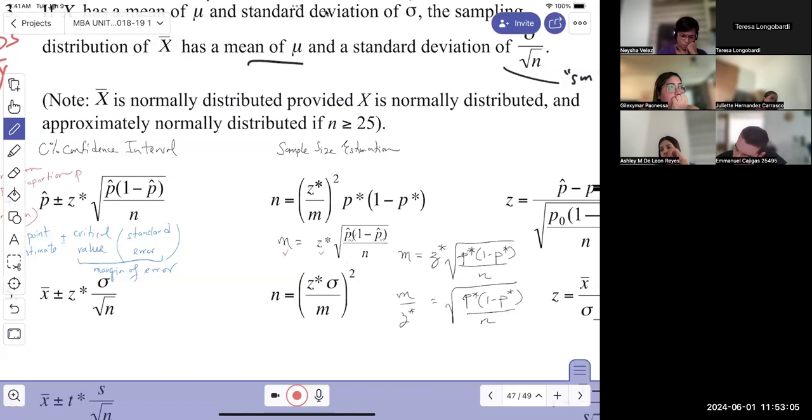And hopefully you can see that I need to square both sides. Okay, are you guys doing it? Are you watching me? Okay, so that's what I did so far. Convince yourself that that's correct.